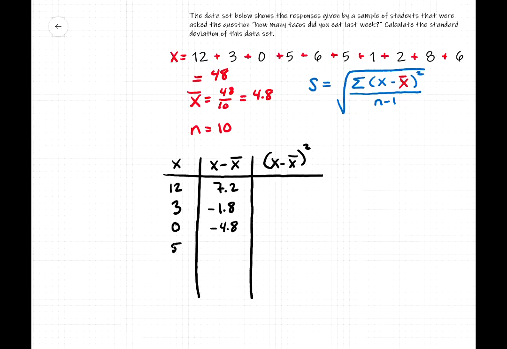Then we've got a 5. 5 minus 4.8 is 0.2. 6. 6 minus 4.8 is 1.2. Another 5. So that'll be 0.2. 1 minus 4.8, negative 3.8.